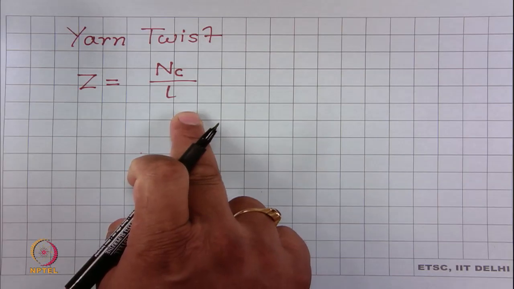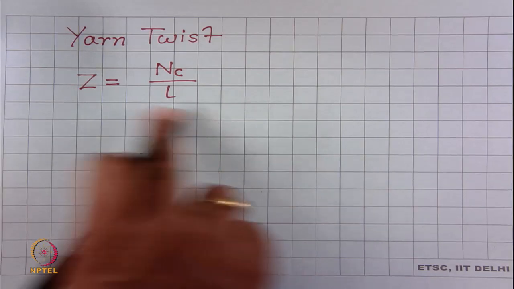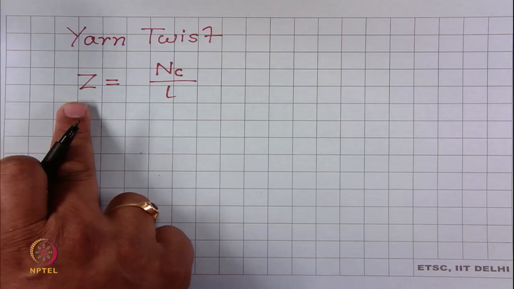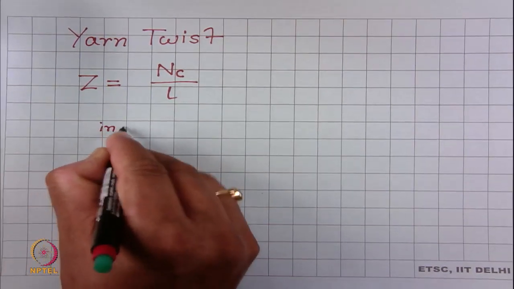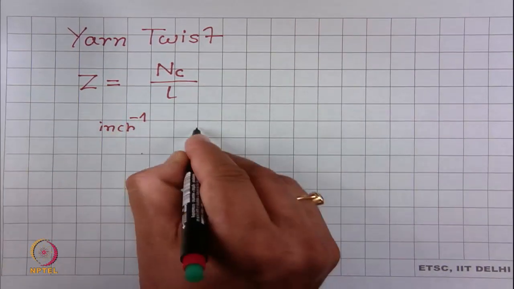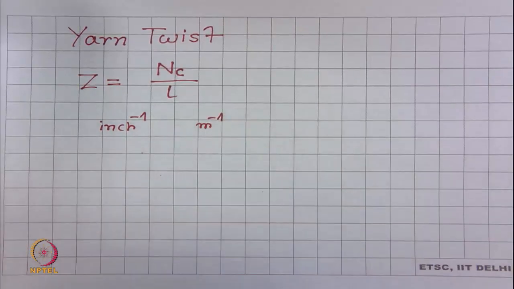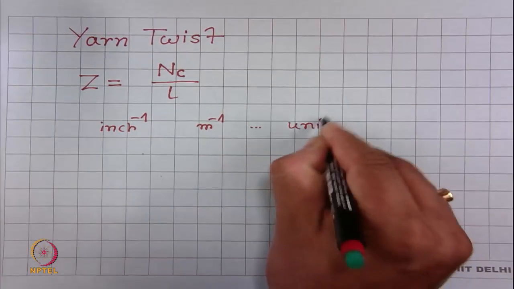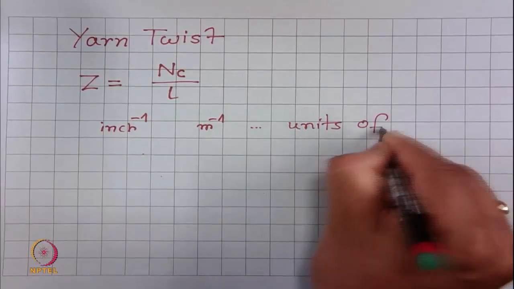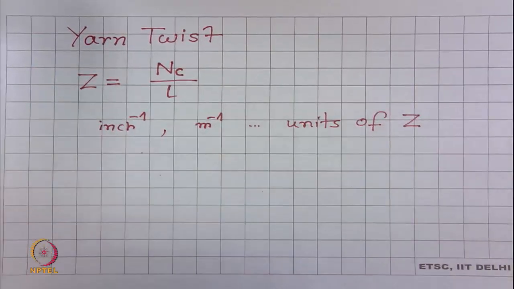That is why this yarn twist will have inverse length dimension. You will see sometimes inch inverse or meter inverse, like that. This will be the units of Z.